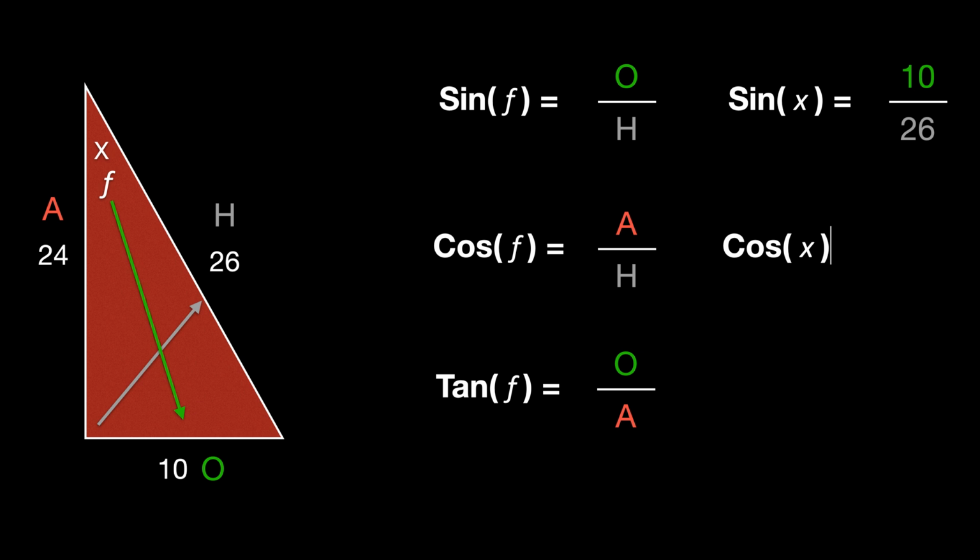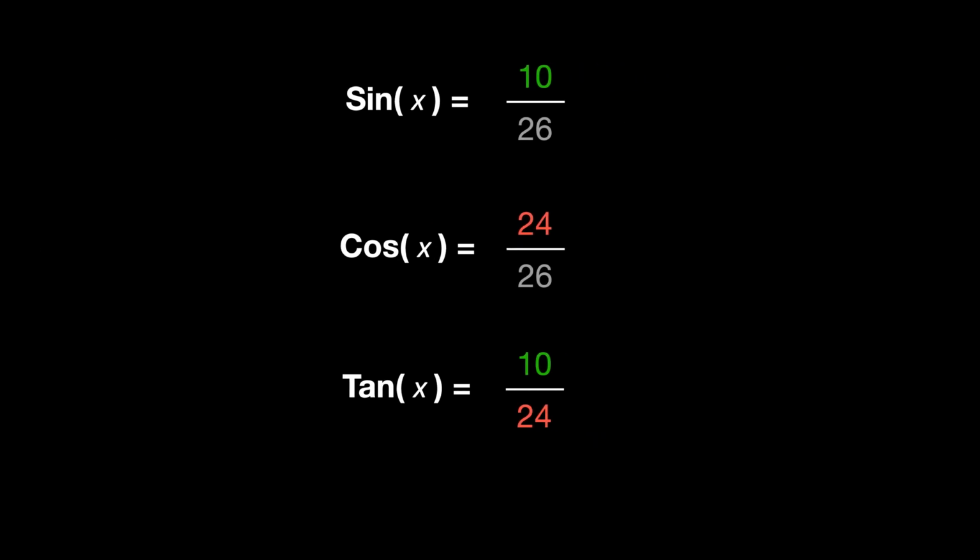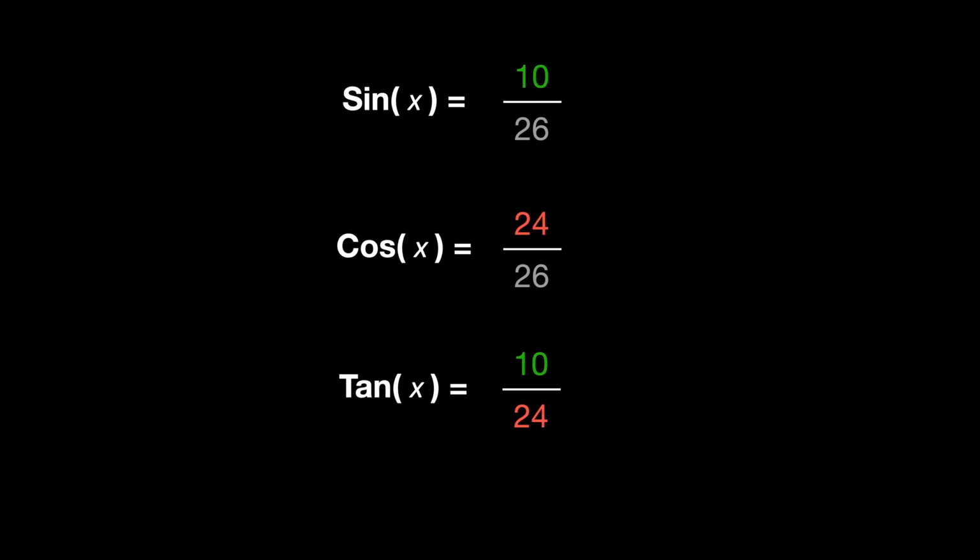For cosine, X also goes in the parentheses, and A is 24 and H is 26. And for tangent, X still goes in parentheses, and then we have O, which is 10, over A, which is 24. So again, we have our ratios set up, and let's see how it looks algebraically.